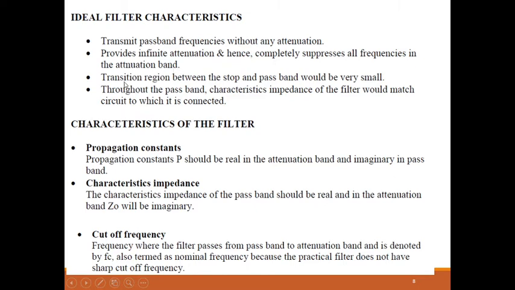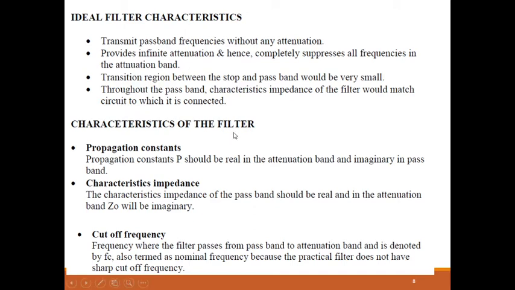The transition region between the stop band and pass band would be very small. Throughout the pass band, the characteristic impedance of the filter would match the circuit to which it is connected. Then only the circuit can be used for the specific applications. These are the characteristics of the ideal filters we have seen.